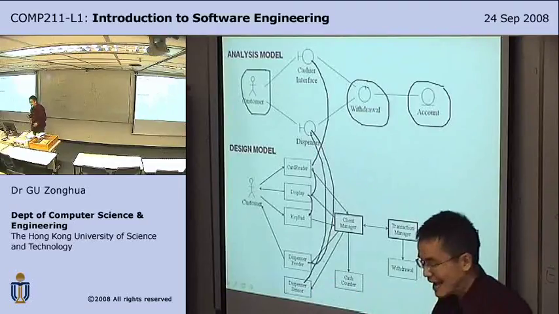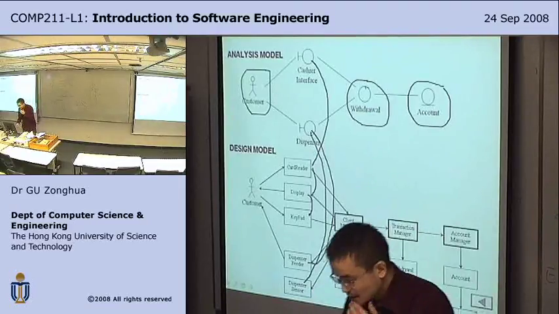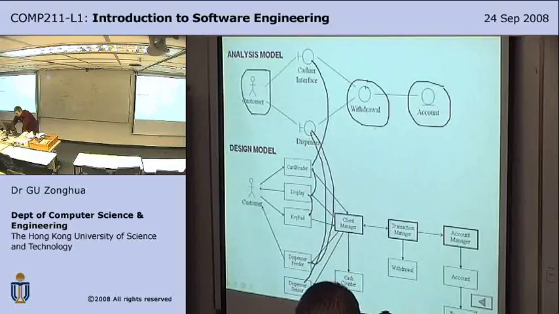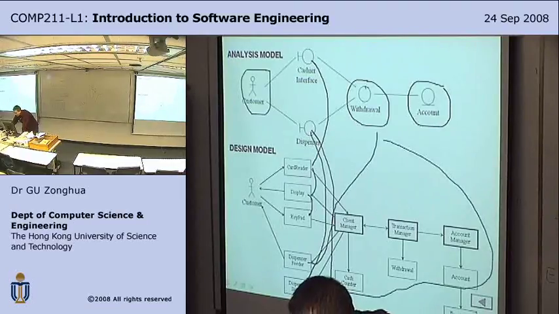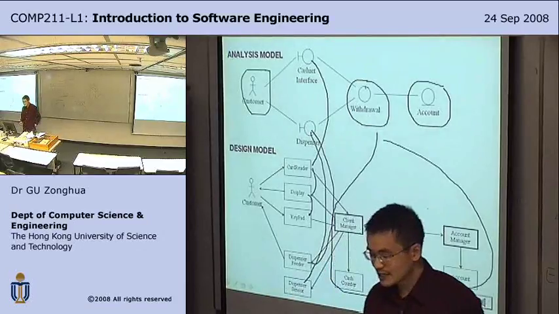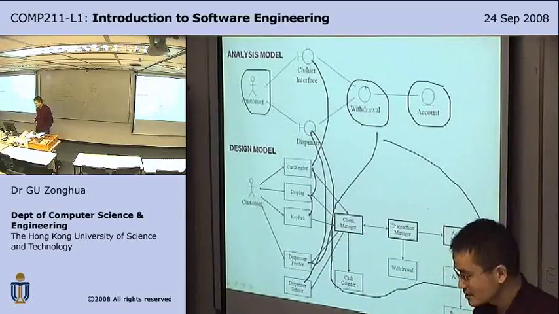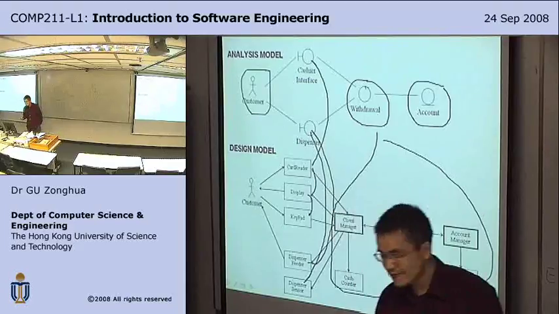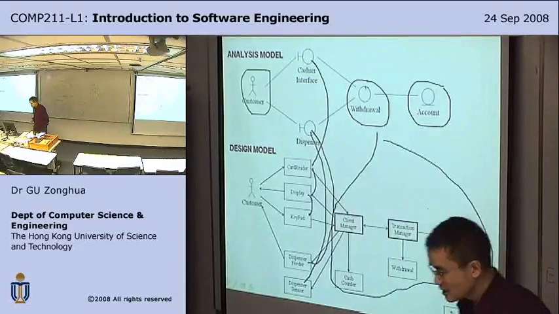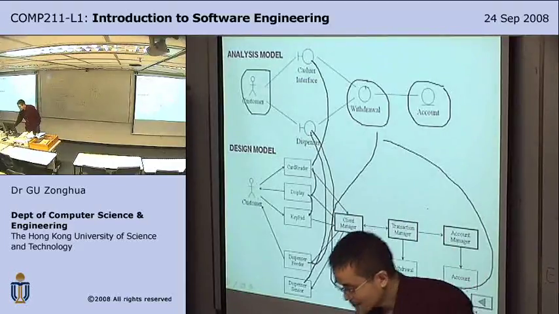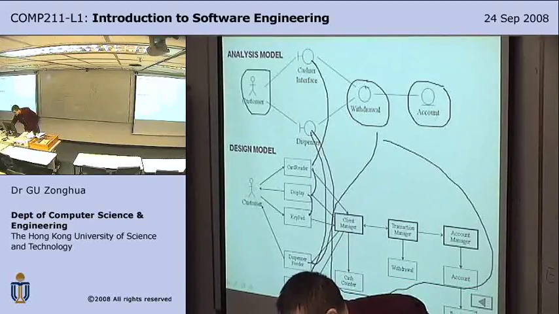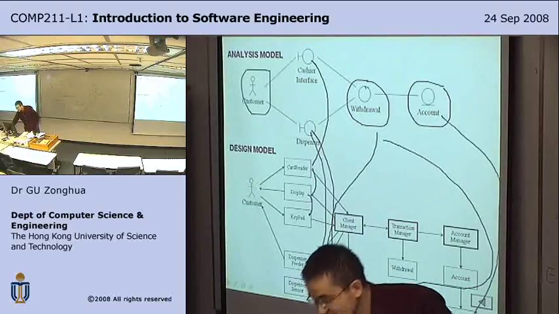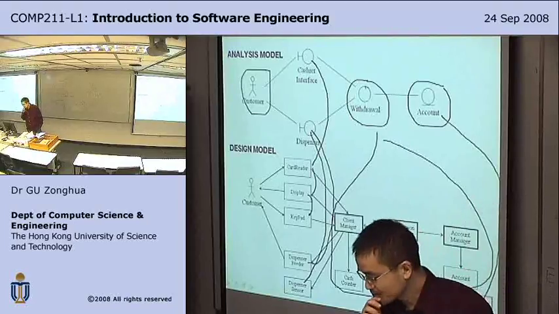That is, it counts how much money has been dispensed. And the withdrawal class gets refined into a whole bunch of classes in here. So essentially consisting of transaction manager to manage financial transactions, account manager to check the account information, does the account have enough money or not, client manager, and the account essentially gets mapped into the persistent class, that is the database class.